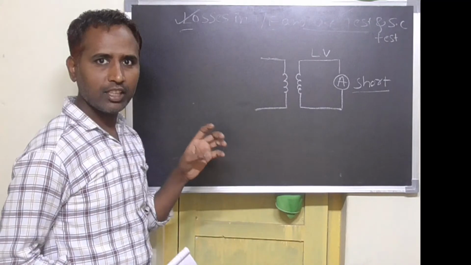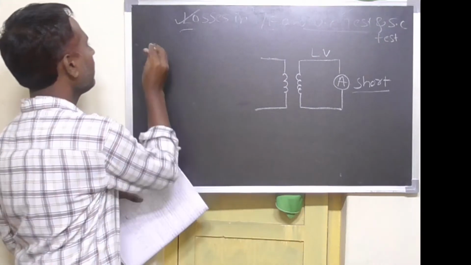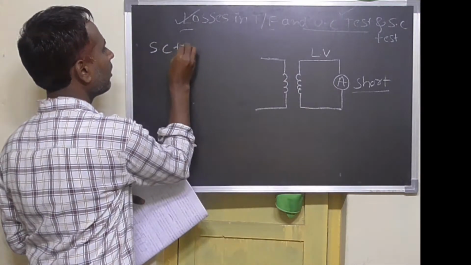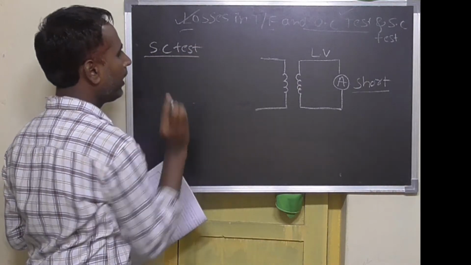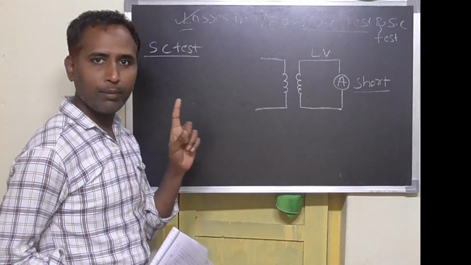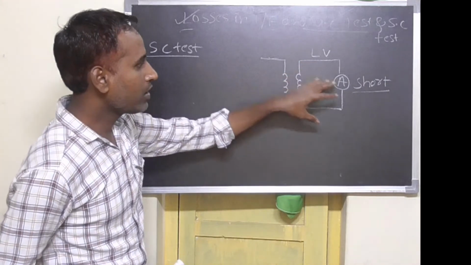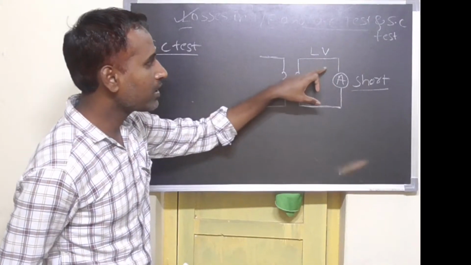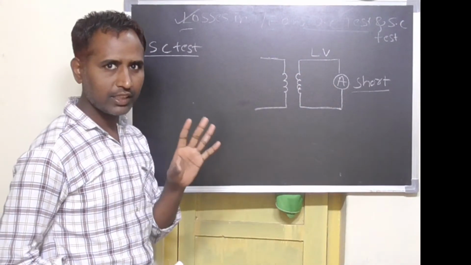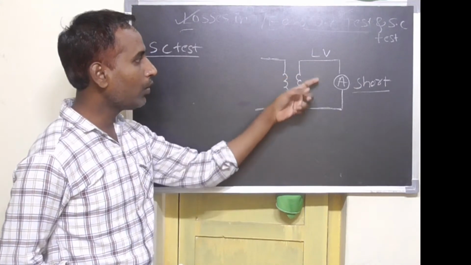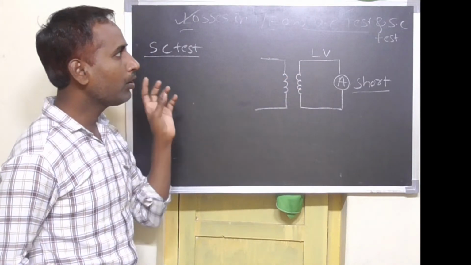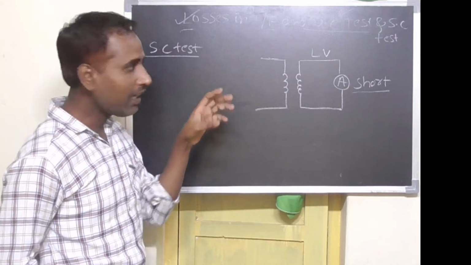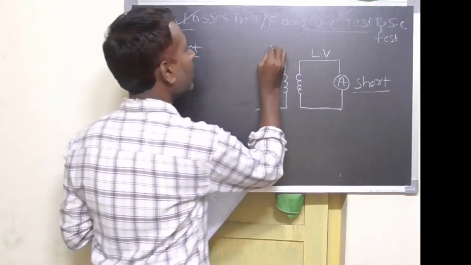I am explaining the short circuit test. Okay friends, in the short circuit test, step 1 is I shorted the low voltage side winding. First, remember, I shorted the low voltage side winding and I am going to perform the short circuit test on the high voltage side here.